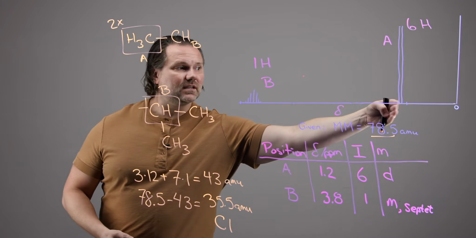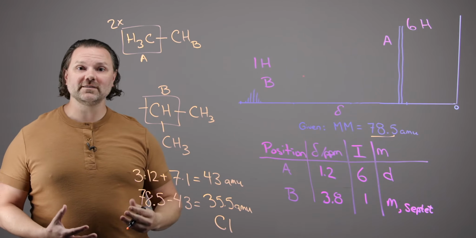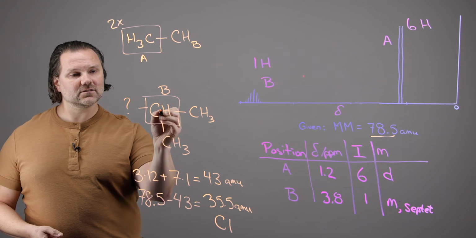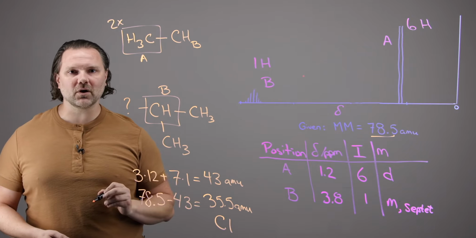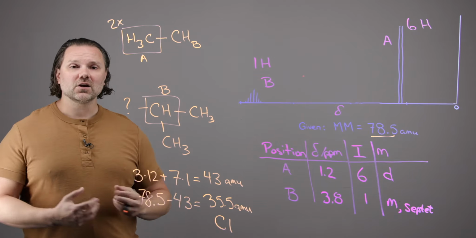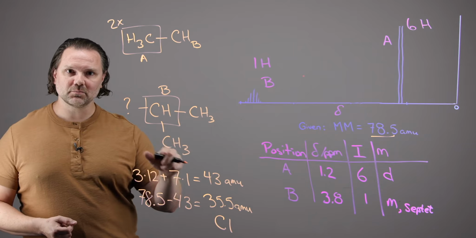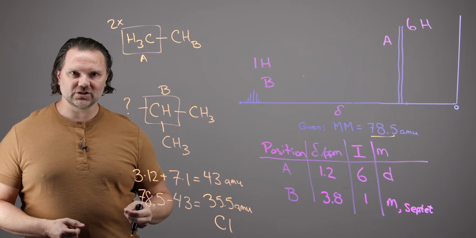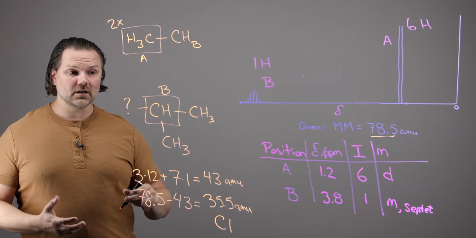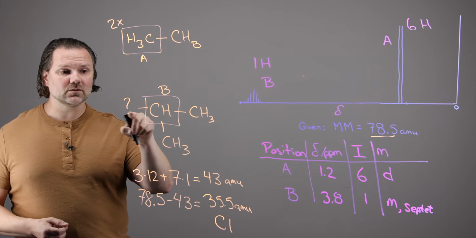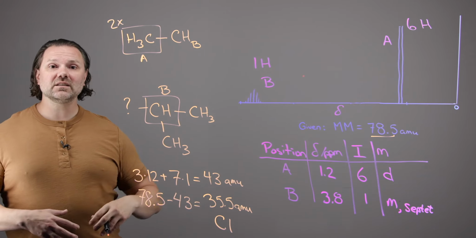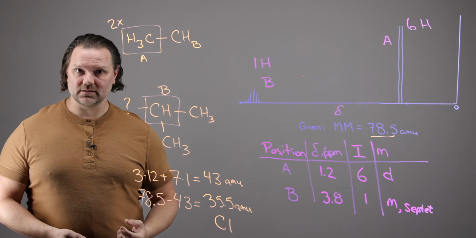It's been shifted a little bit higher to about 1.2 ppm, which suggests that we have something here that is not directly attached, but is one more bond away, that is an electron withdrawing group, something that is causing this set of protons to be slightly deshielded, shifting it downfield to 1.2. In contrast, the CH3 group is directly attached to whatever that is. We think it's a chlorine atom, and so it is significantly deshielded.